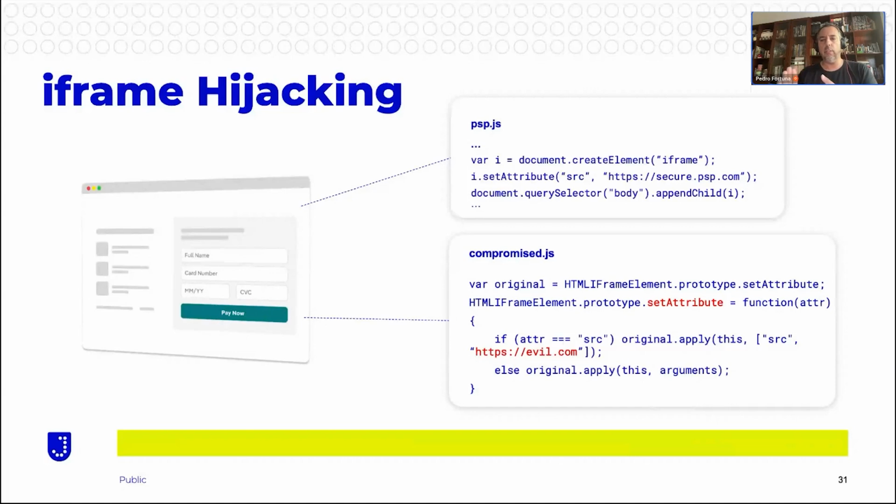When the legitimate script, the payment service provider script, is creating the payment iframe and calls the setAttribute function, it will be calling a modified version that checks if the function is being called to set the source attribute of the iframe, and if it is, it will replace whatever has been passed to this function with the location chosen by the malicious script where the iframe should now be loaded from. So this is called iframe hijacking.